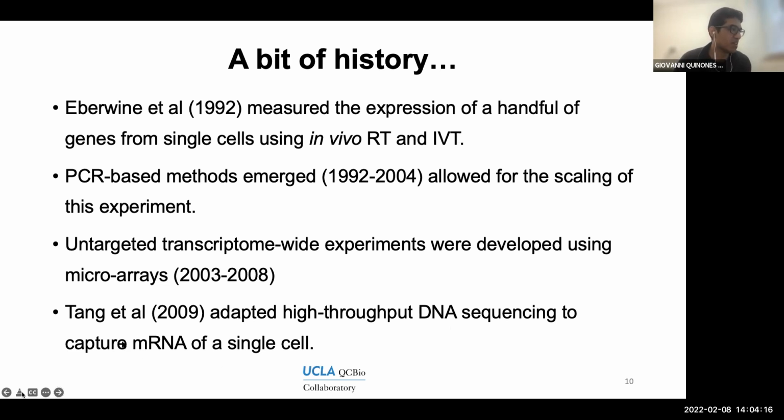So what this group did was adapt this protocol in order to amplify the signal of mRNA from cells that they were able to isolate manually. So in 2009, we have our earliest example of single cell RNA sequencing, in what we know today as the sequencer technology of bridge amplification.